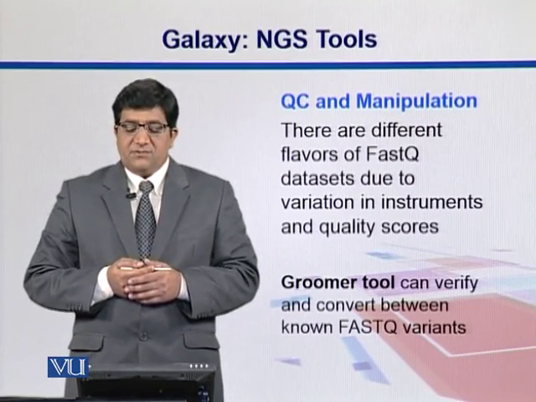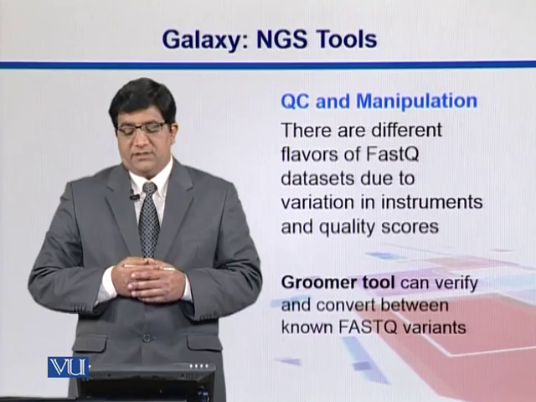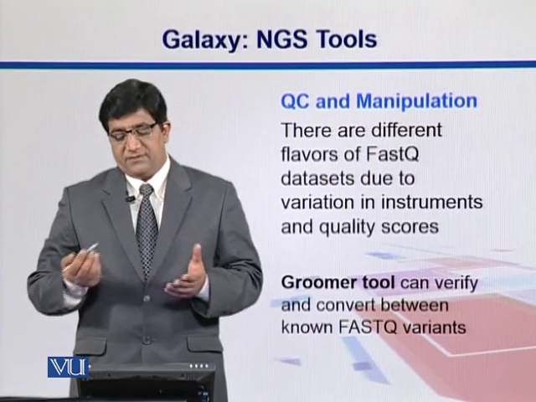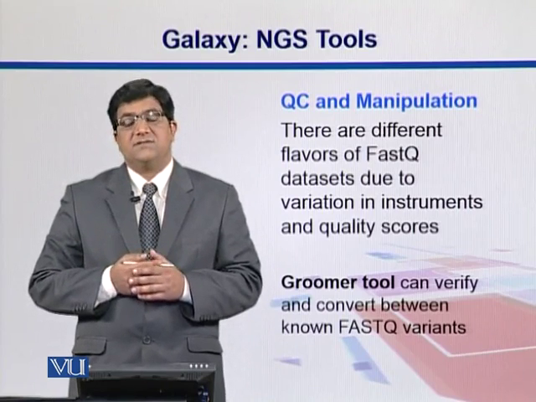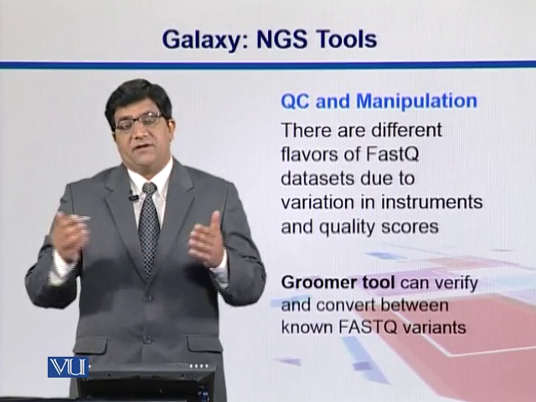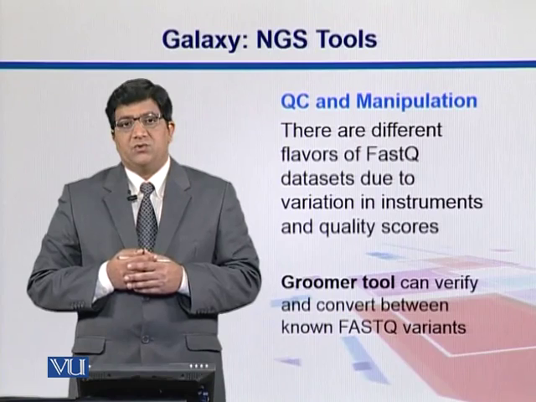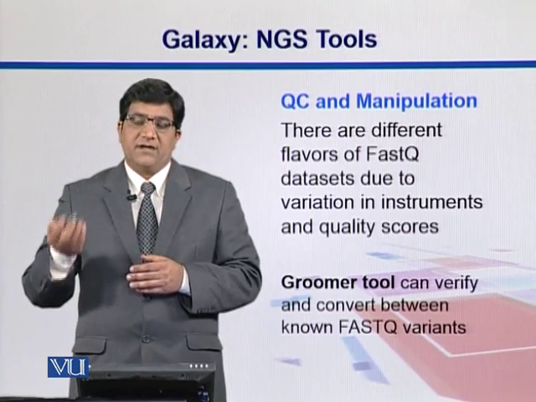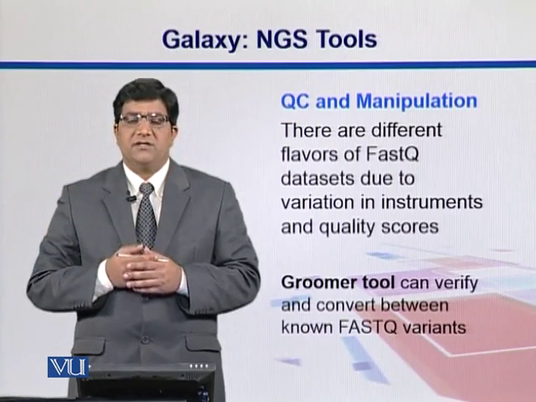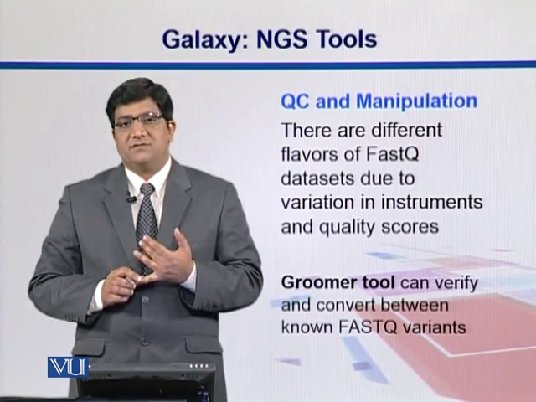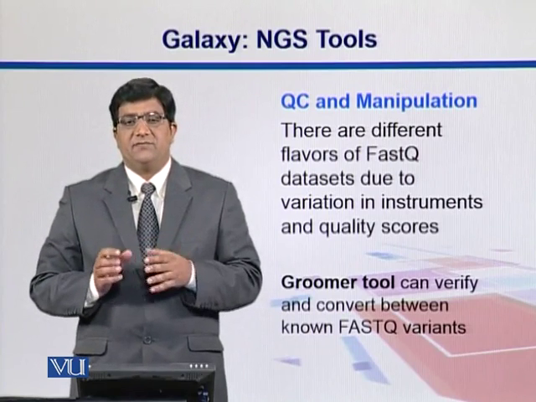As far as QC quality control is concerned, there are different flavors of FASTQ data sets, since we have different platforms using different quality score schemes. For example, we have Sanger's scores, we have Solexa, we have Illumina.